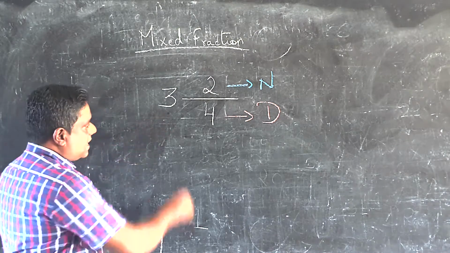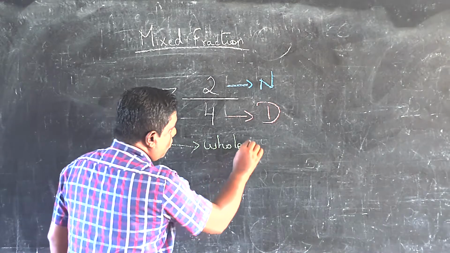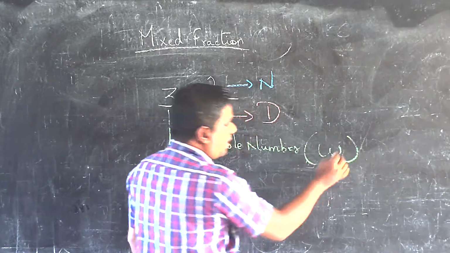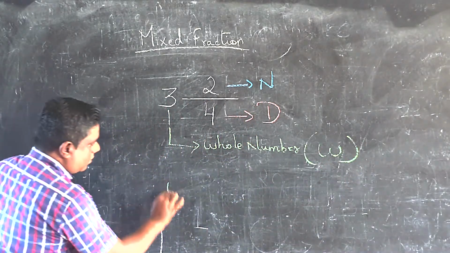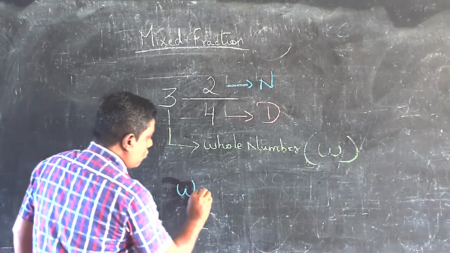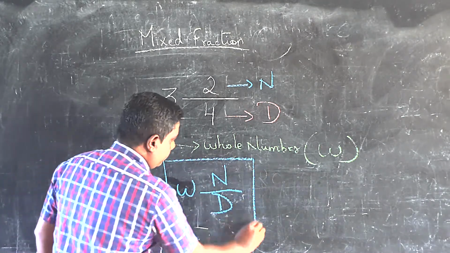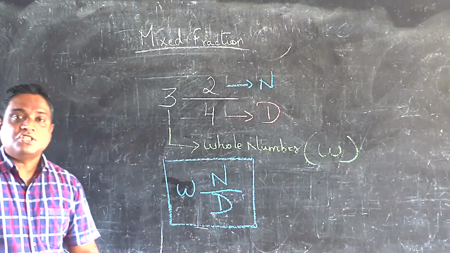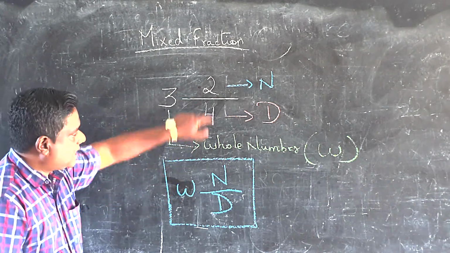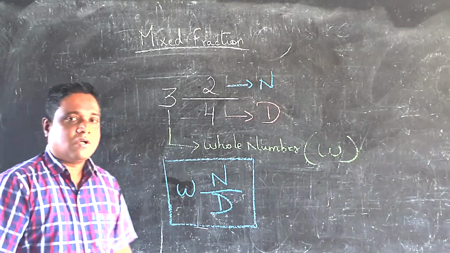And what does this 3 represent? 3 represents the whole number, which we say is W. So whole number, numerator, denominator is a mixed fraction. 3 represents the whole number, 2 represents the numerator, 4 represents the denominator. It's called a mixed fraction.